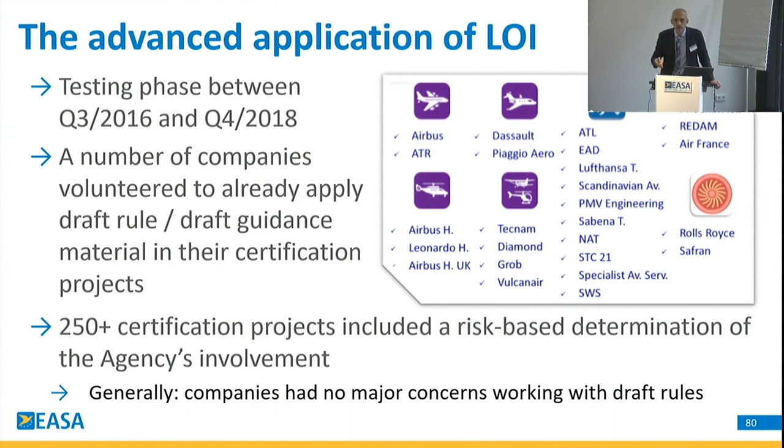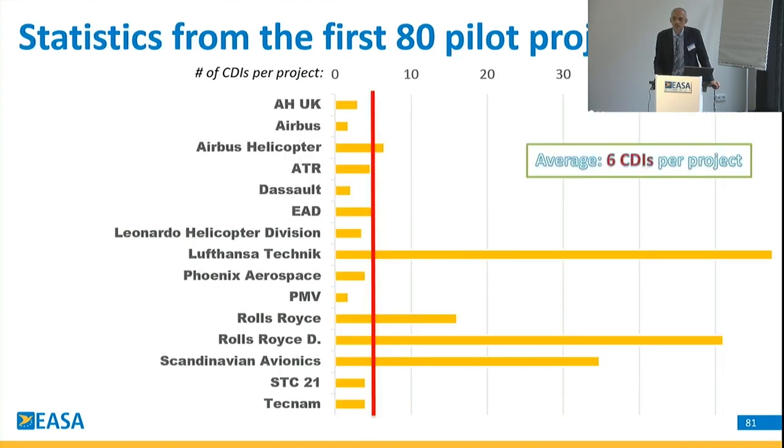But the details on how to implement this new LOI concept were contained in this certification memorandum, which we already discussed this morning. You already saw it. It's now transferred into an AMC, the AMC 21.B100 and 21.A.156.